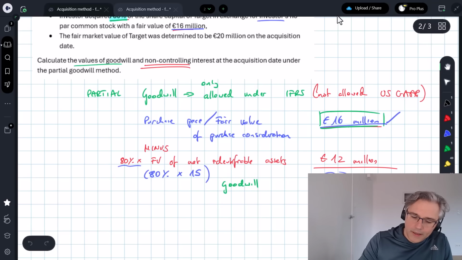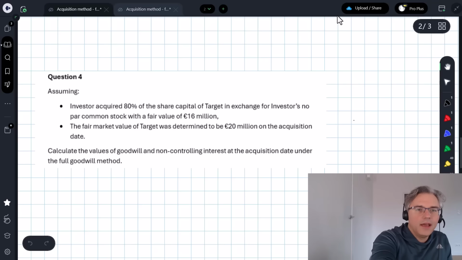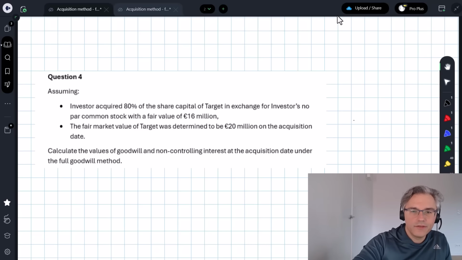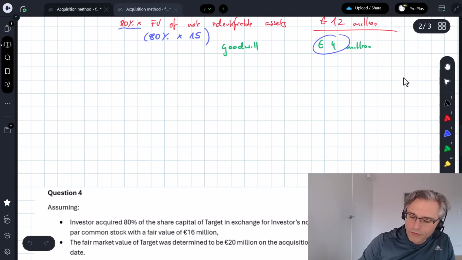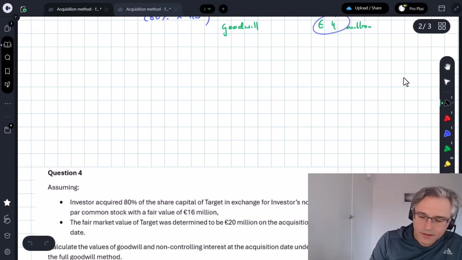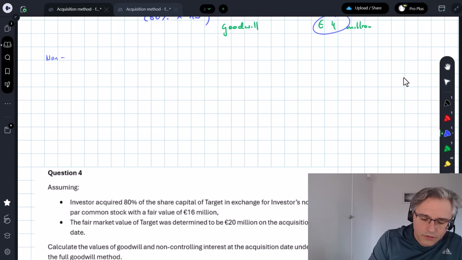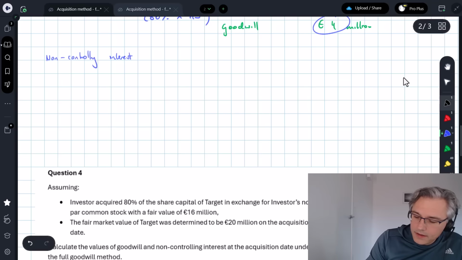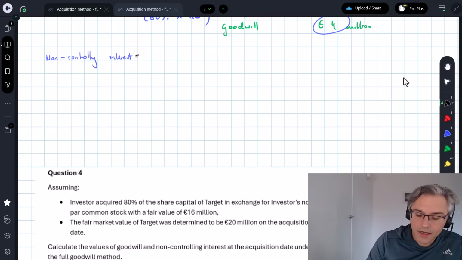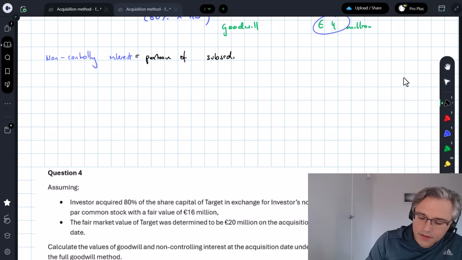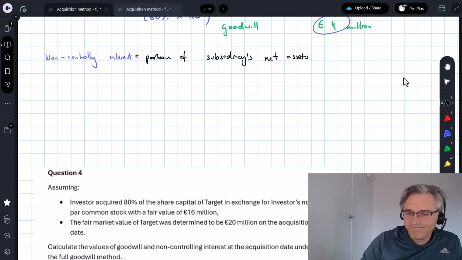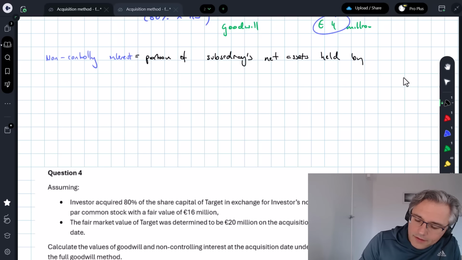Okay, now let me show you the other way of computing goodwill, because you have to know this. And it is confusing, to be honest. Actually, before I do that, let me just write here, maybe just for the sake of clarity, because I did that in my note as well, that non-controlling interest is, in this case, the portion of the subsidiary's net assets held by third parties.